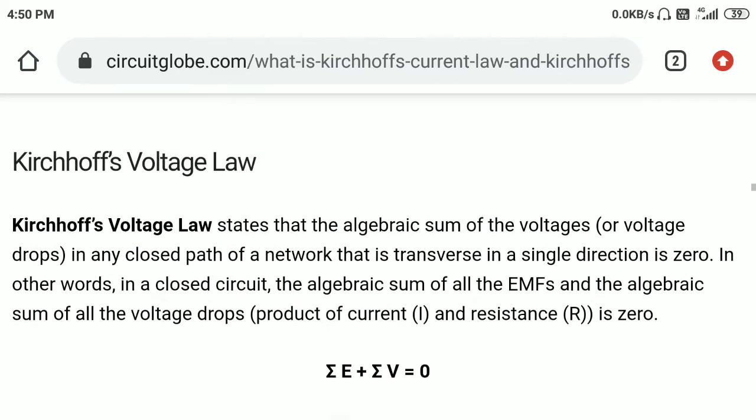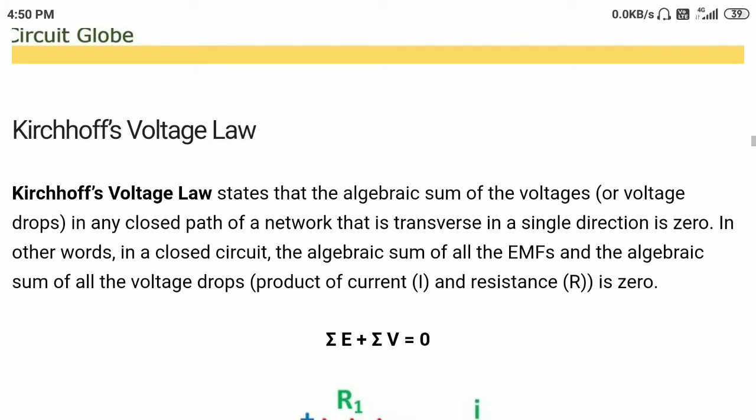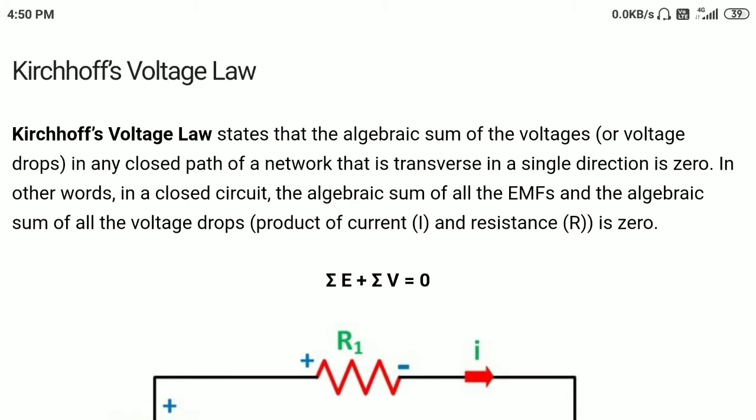What is Kirchhoff law? Kirchhoff law states that the algebraic sum of the voltages or voltage drops in any closed path of a network that is traversed in a single direction is zero.